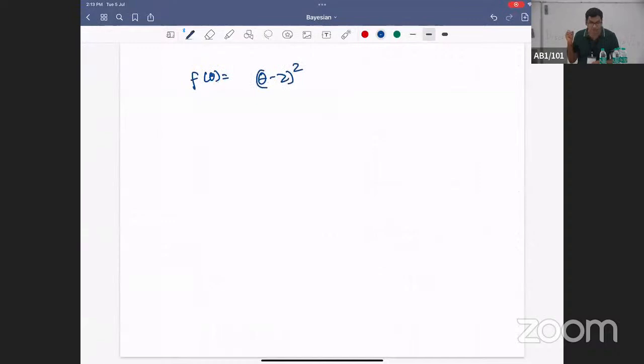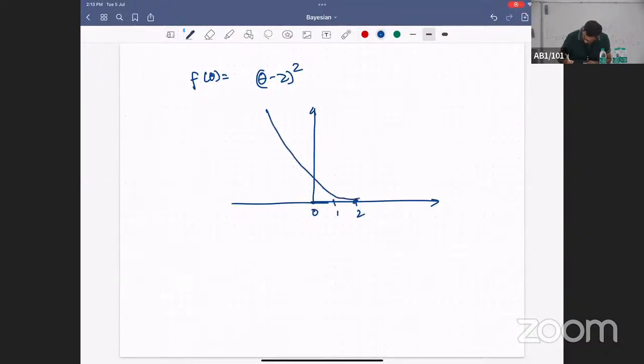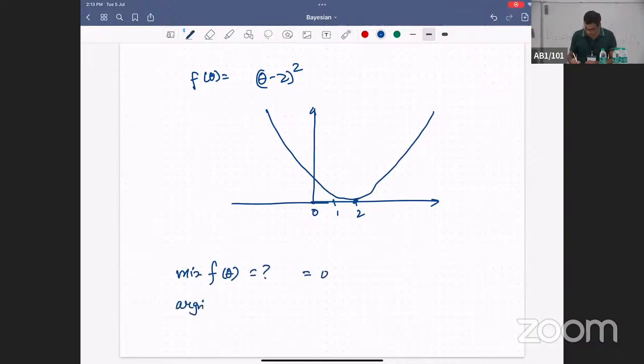If f of theta is theta minus 2 whole squared, how do we plot this function? This is the function. What is the minimum of f of theta? 0. What is the argmin of f of theta? 2.